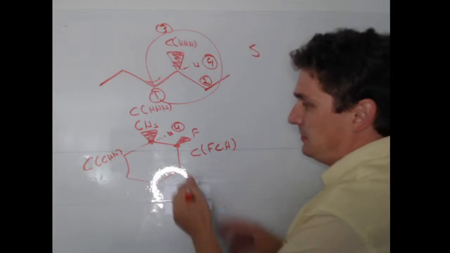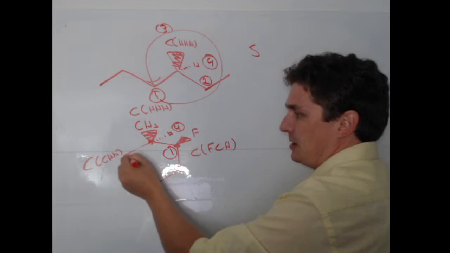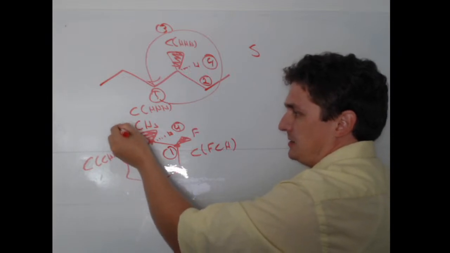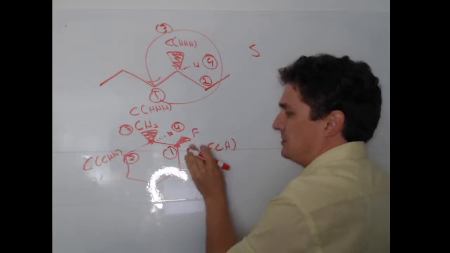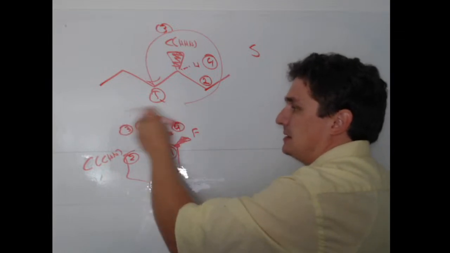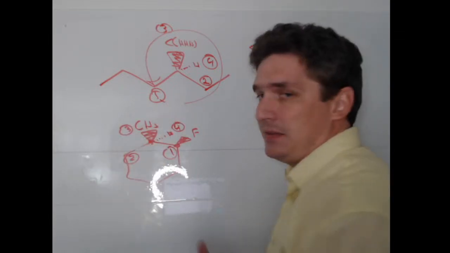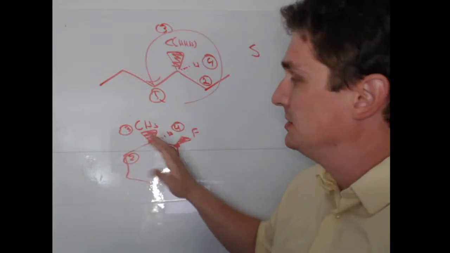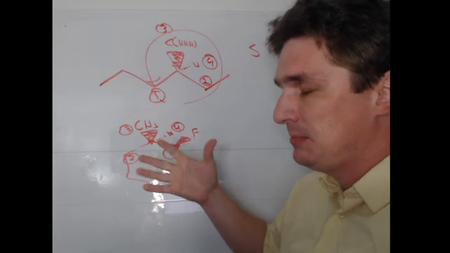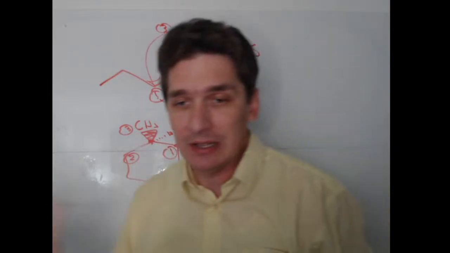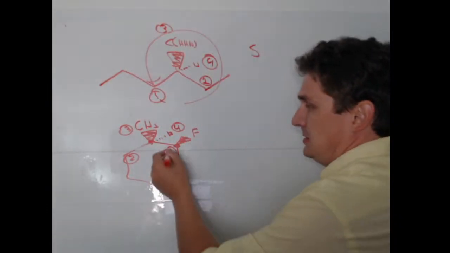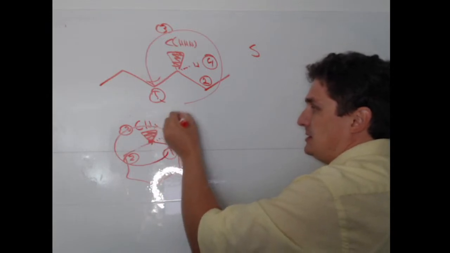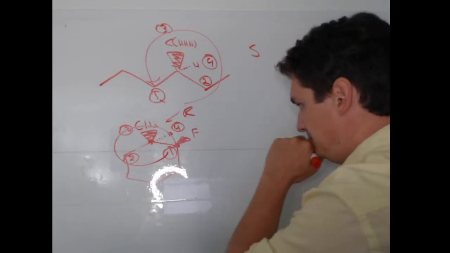So in terms of priority, the fluorine is going to win out, followed by the carbon, followed by the hydrogen. So we have 1, 2, 3. And again, since we have this hydrogen going back, we can just look at the diagram. If the hydrogen was a wedge or this was a dash, we'd have to flip what we're doing. At that point, I would say just build the model. It'd be a lot easier. This goes 1, 2, 3. This is clockwise, so this is an R center.